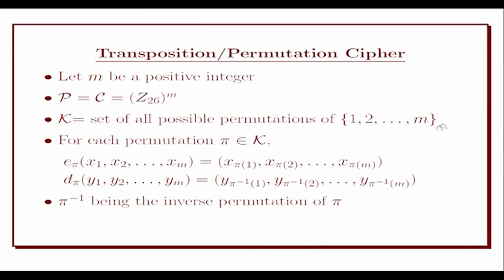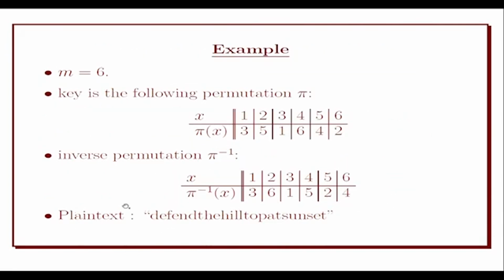So, here we are just taking m blocks like this. This is our plaintext space, and this is our set of keys, the set of all permutations. So, we choose a key k, and e_k is this permutation, d_k is this, and phi inverse is this. Now, let us take an example.